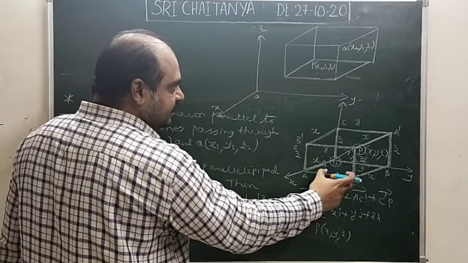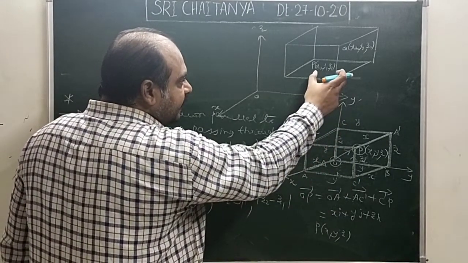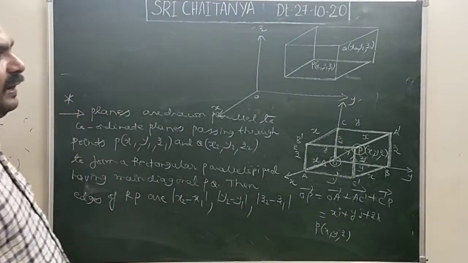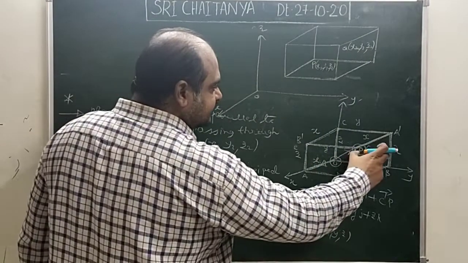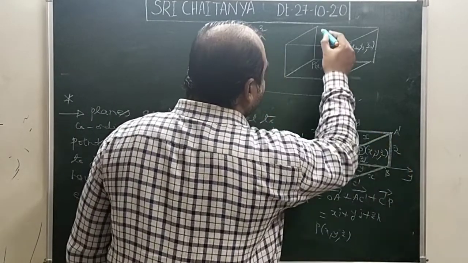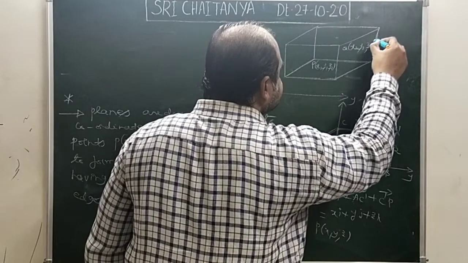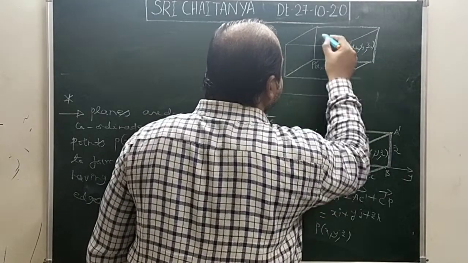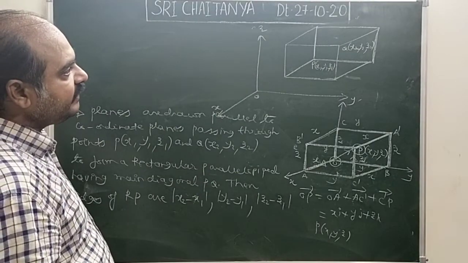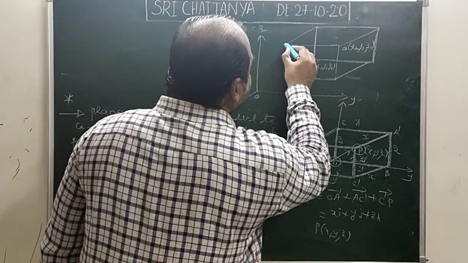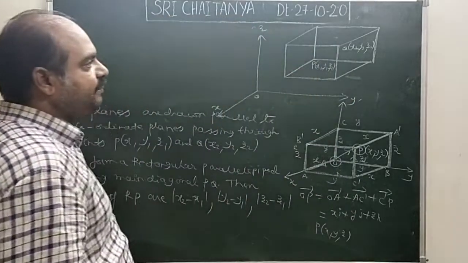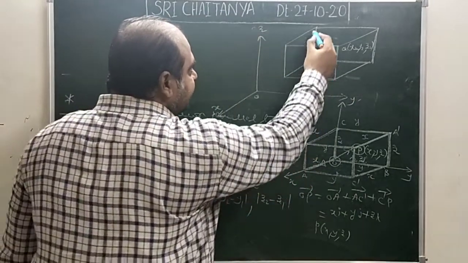The XY plane means this. Parallel to the XY plane, the opposite face will also be parallel to the XY plane. And then previously this was the YZ plane. Now this face will be parallel to the YZ plane, not the YZ plane. That means parallel to that face, this opposite face will be parallel to the YZ plane. Now previously it was the ZX plane.